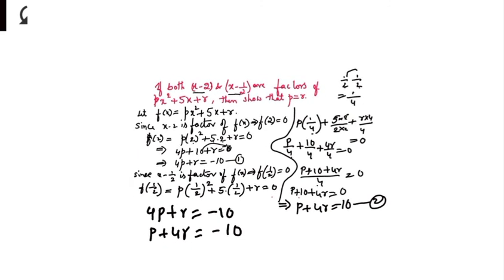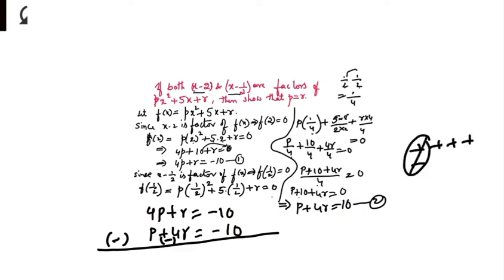If you subtract these two equations, this and this, what becomes of 4p minus p? 4p means plus symbols are 4, minus p means 1 will cancel, we get plus 3p. And plus r minus 4r, that means plus symbol is 1, minus symbols are 4. So 1 plus and 1 minus cancel, leaving 3 minus symbols.